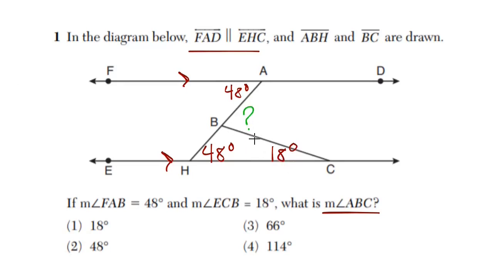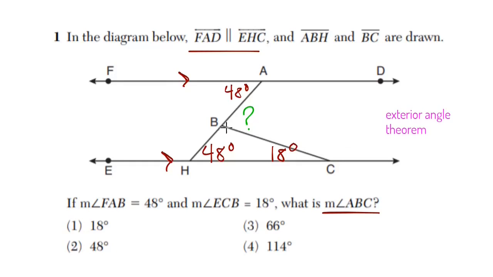And there are a couple of ways to do this. What I'm going to show you is something you definitely need to memorize, what's called the exterior angle theorem. You've probably seen it, maybe not by the name, but you do need to know what it is. Basically it says if I add up any two interior angles of a triangle, that sum will be congruent to the exterior angle of the third, the unused angle.